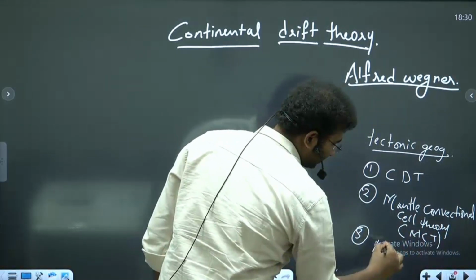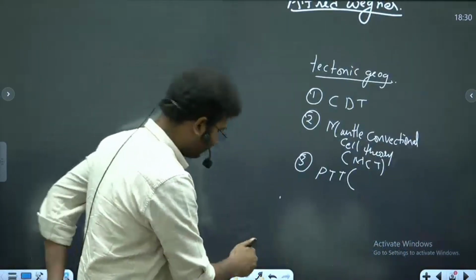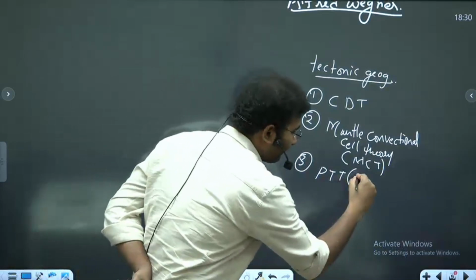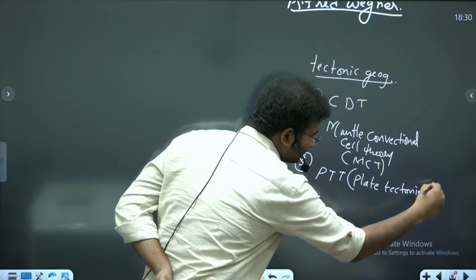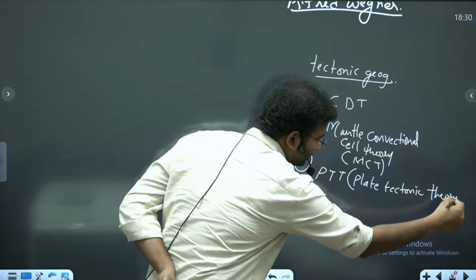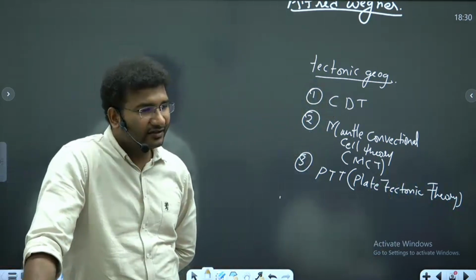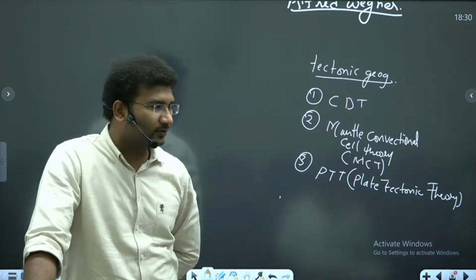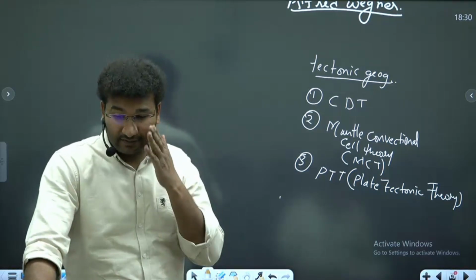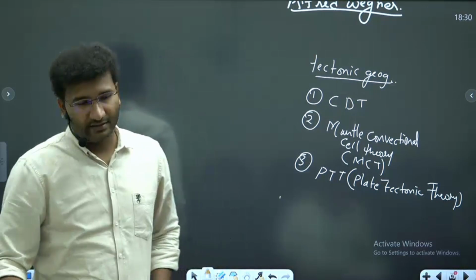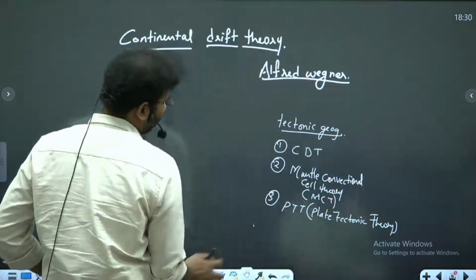And the third one, the plate tectonics theory. These are the 3 theories an aspirant is supposed to learn. Once you are thorough with these 3 topics, it becomes easier for you. And the continental drift theory was given by Alfred Wegner in the year 1912.